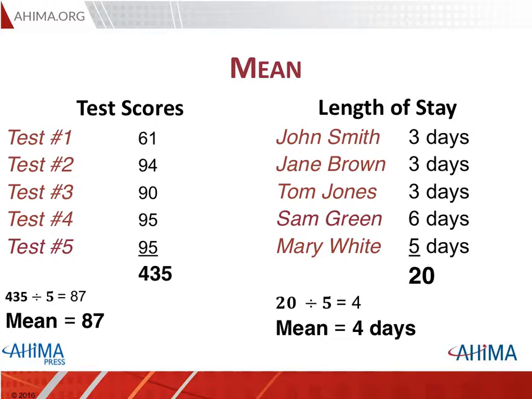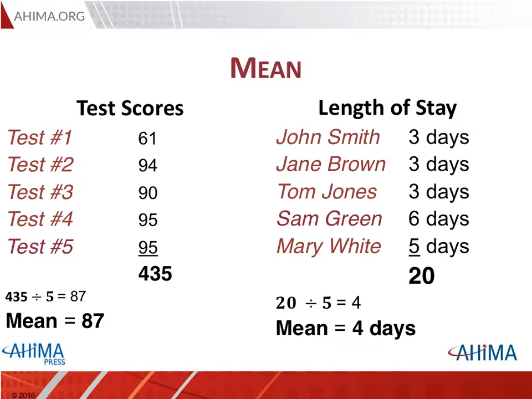To determine the mean, you would add up the scores you received on all your tests and divide that number by the total number of tests you took. The score adds up to 435 points, and you would divide that number by 5 because that's how many tests you took. The mean, or average, would be 87.